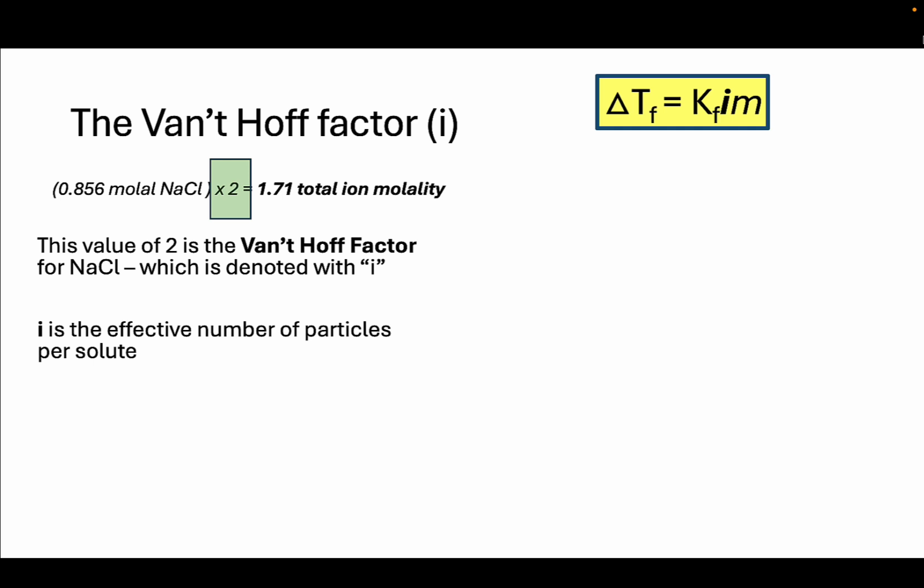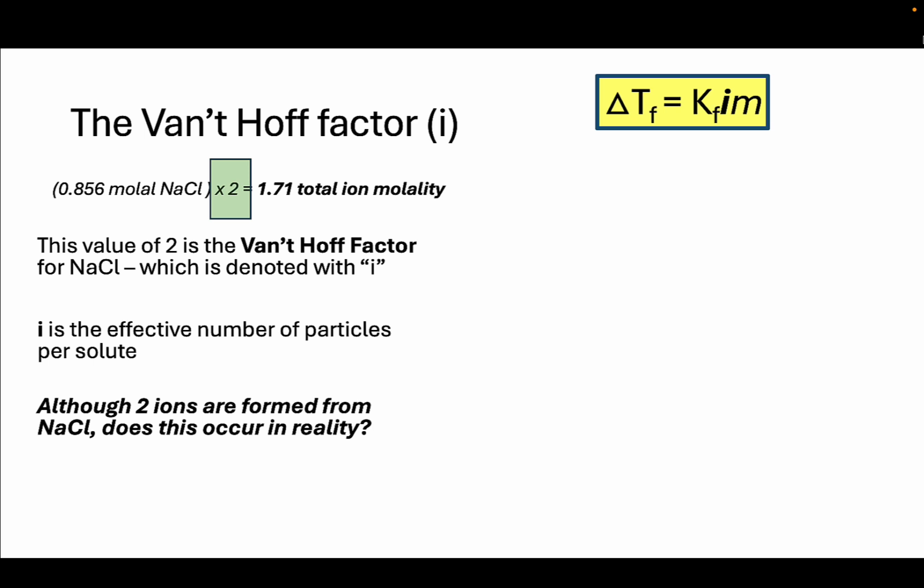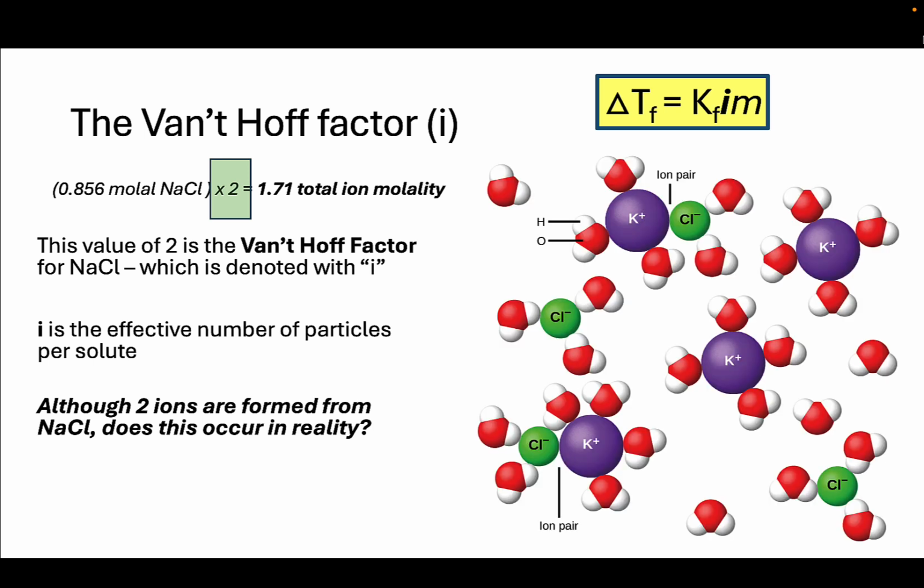It's the effective number of particles per formula unit of solute. And so, sodium chloride breaks into sodium and chloride, so this idea of 2 is a really good place to start. This is theoretically what happens if they all dissociate. But in reality, this isn't quite what happens because we still have some that are clumped together.